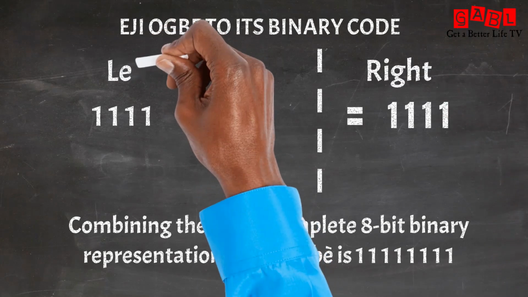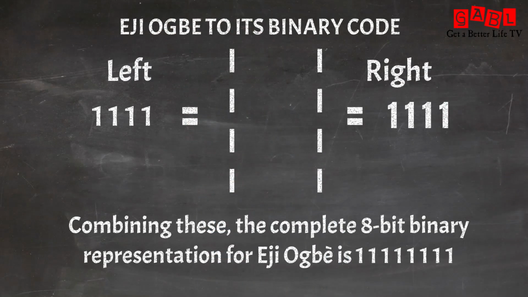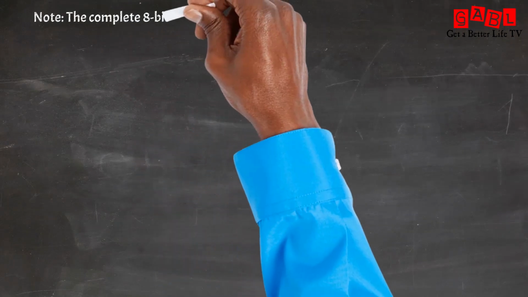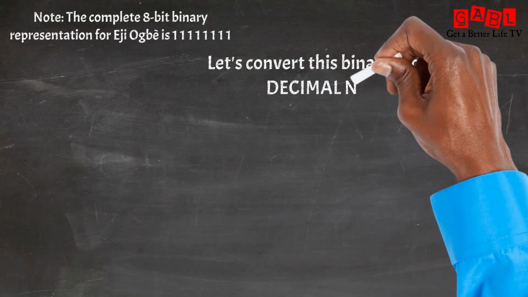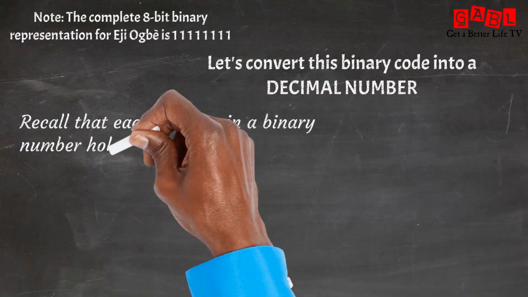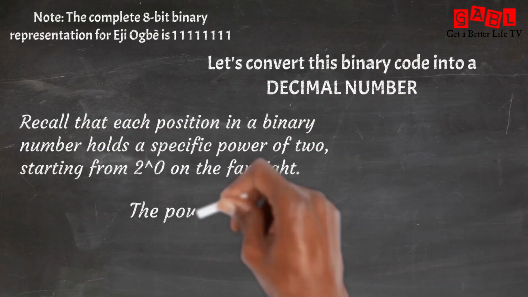This also translates to 1, 1, 1, 1. Combining these, the complete 8-bit binary representation for Eji Ogbè is 1, 1, 1, 1, 1, 1, 1, 1.